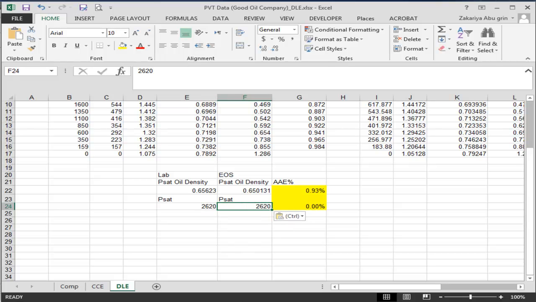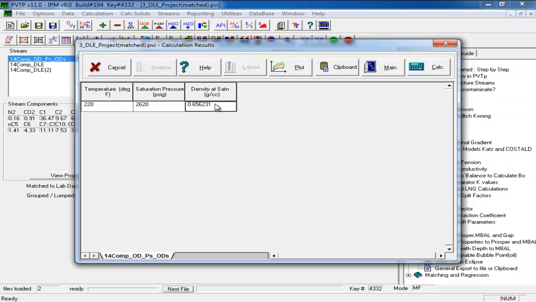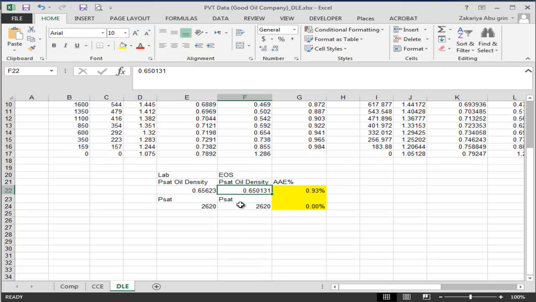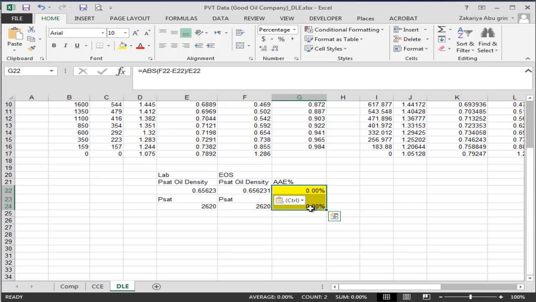We have exactly the same number, and this is the density. So we have matched the data at saturation pressure.